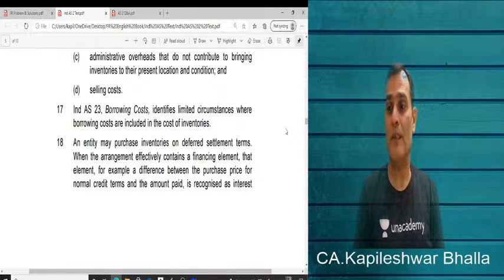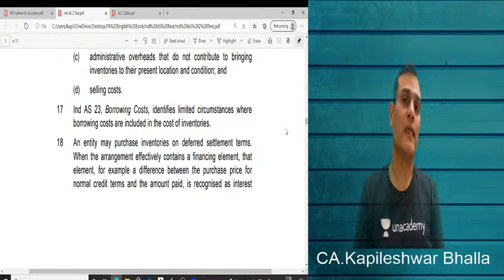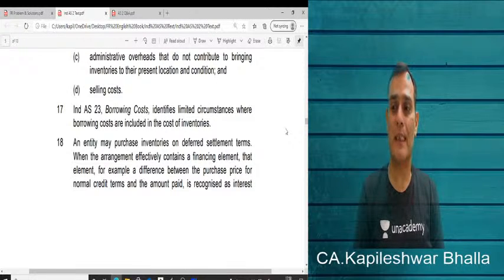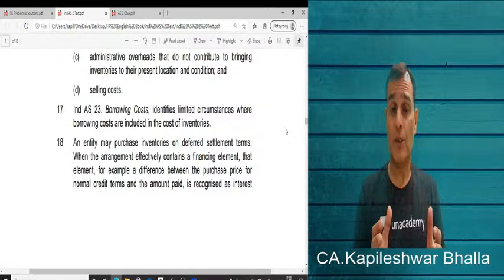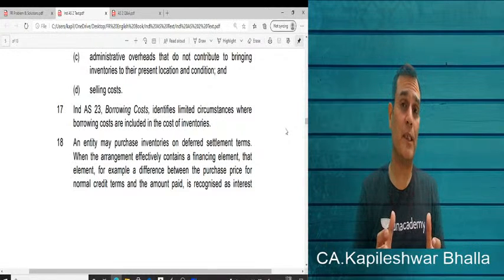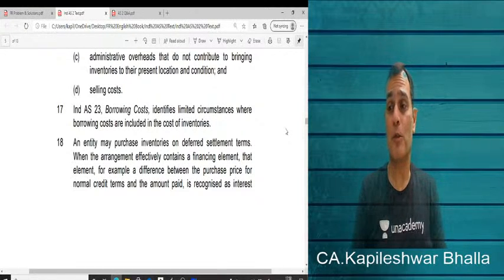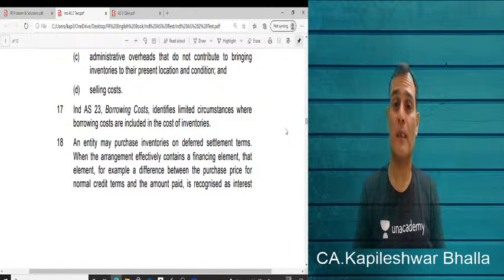Because if the inventories take a substantial period of time to bring them into a saleable condition, they can certainly be a qualifying asset. If your inventory is a qualifying asset, the borrowing cost will be included in inventory valuation. If it is not a qualifying asset, then the borrowing cost will not be included.